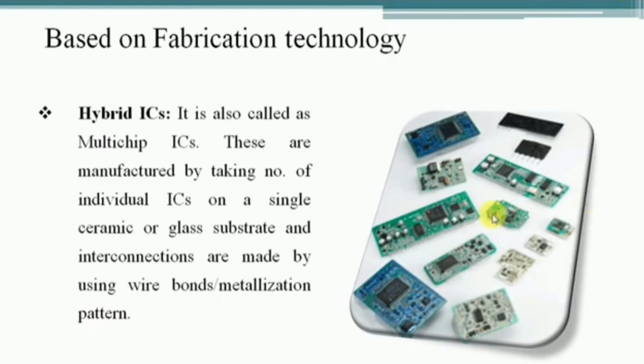If you see this diagram, on a single plane multiple ICs are placed, which means a hybrid IC consists of multiple ICs. It is manufactured by taking individual ICs and placing them on a glass substrate made up of silicon, and the interconnections among these ICs are made by using wire bonds or a metallization pattern. So this is how the ICs are classified.